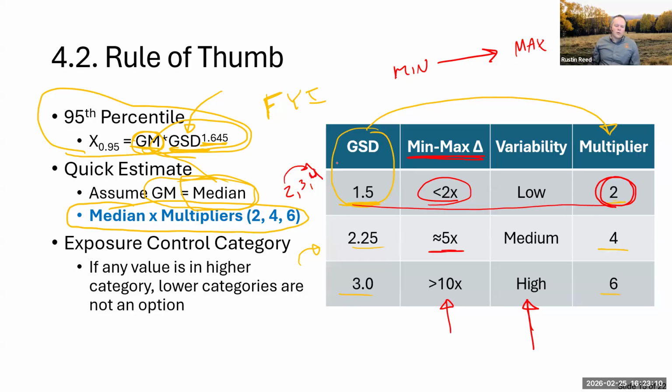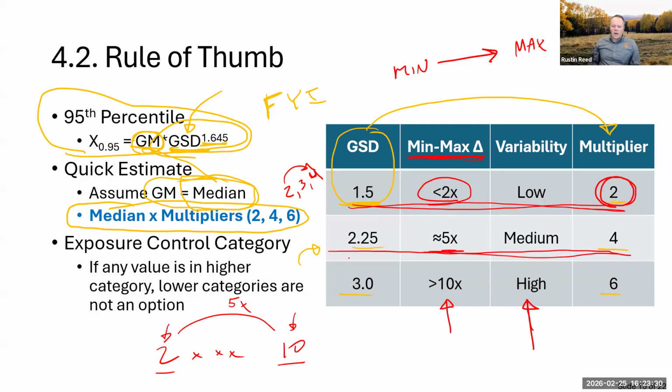So 2 to 4, that's a difference of 2 times. That's not a lot of variability. It's probably in this category. But if I have some numbers and my max value is 10, so 2 is my min, 10 is my max, then it's around a 5x difference.